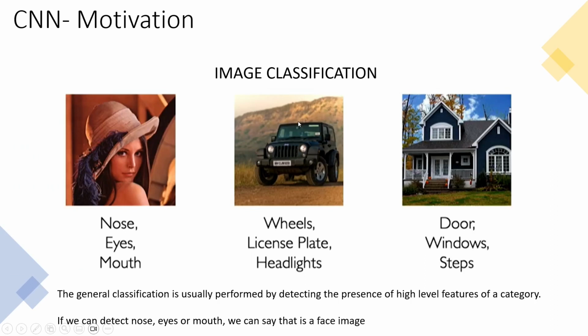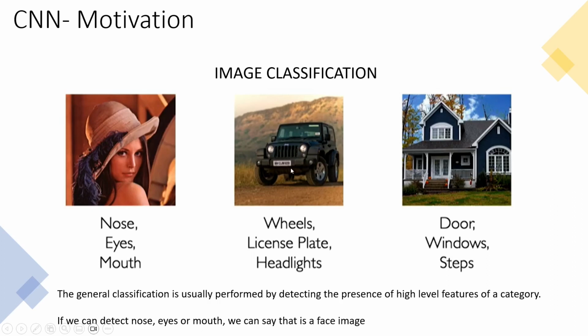How do we do that? Basically, we have two methods. We can either use classical or conventional machine learning algorithms. And in order to classify something, for example, let's say we would like to classify this image as a face. So what would you do? You try to find noses, you try to find eyes and the mouth, right? And in order to say this is a vehicle, you would like to find the wheels.